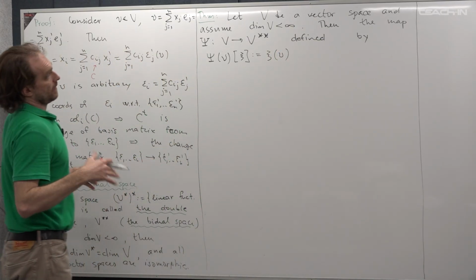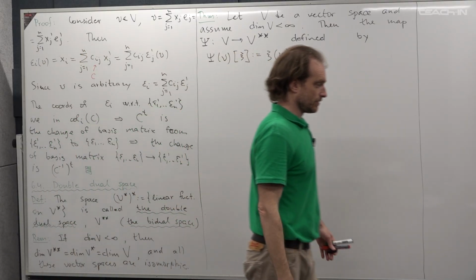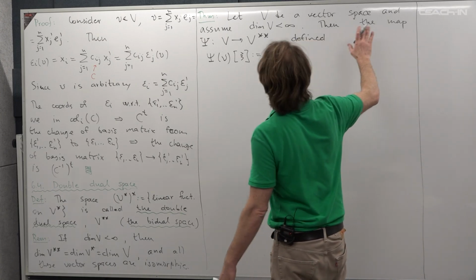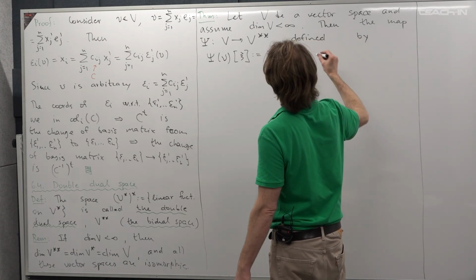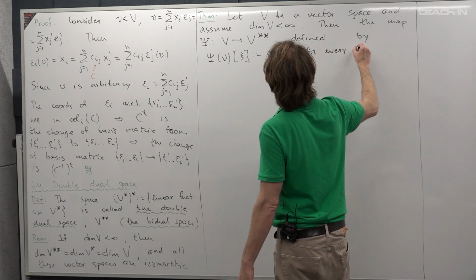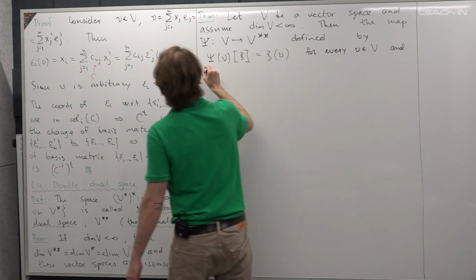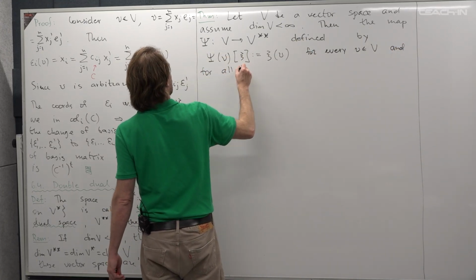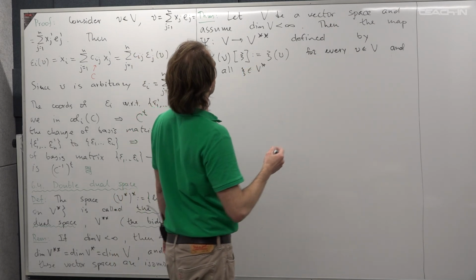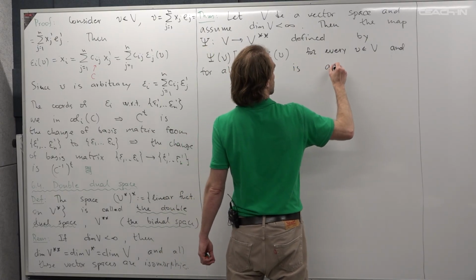In fact, this is the only natural thing that can be written here. Then the mapping defined by this formula for every v from the space V and for all psi from the dual space is an isomorphism.